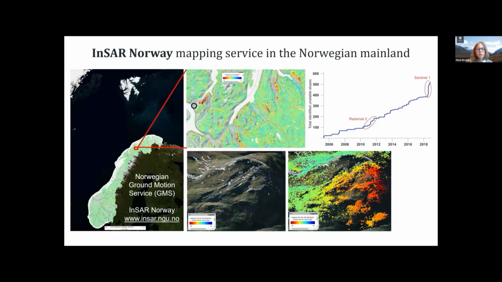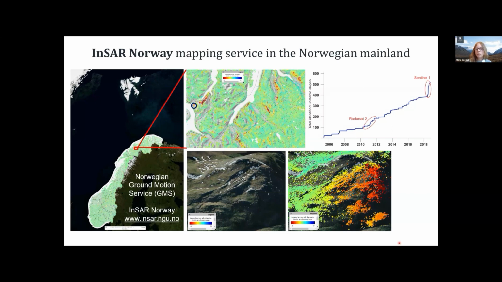On mainland Norway, we launched a ground motion service in 2018. One of many uses of it is to identify, map, and monitor unstable rock slopes. As you can see here, they clearly stand out in the map as the red areas.